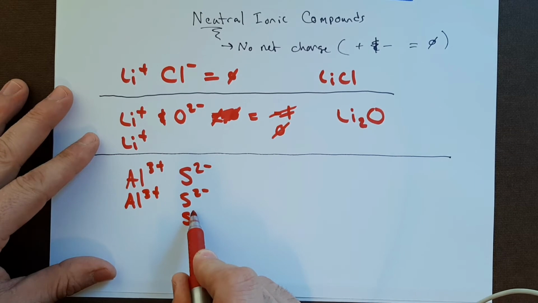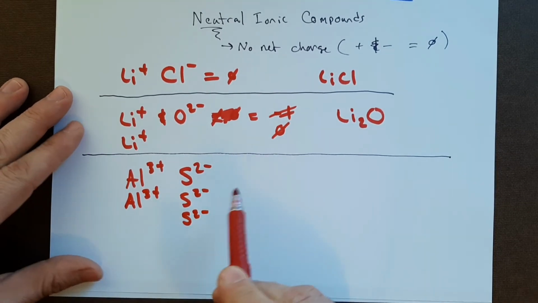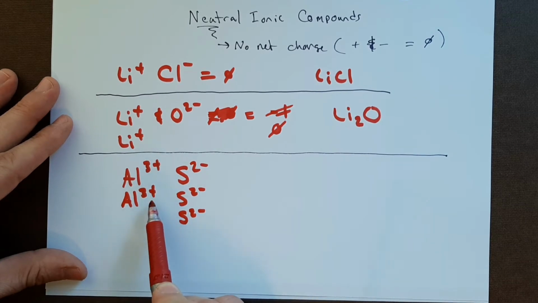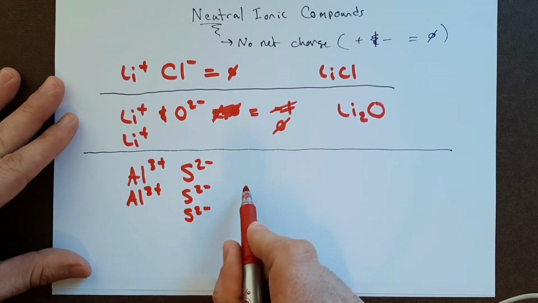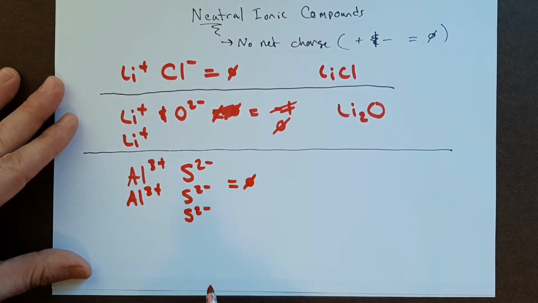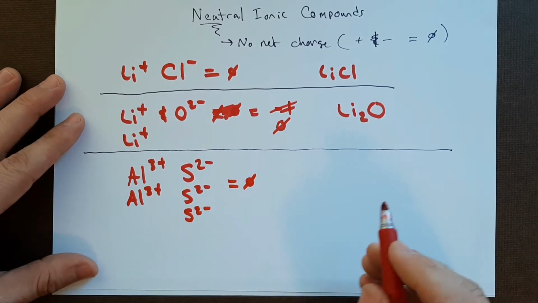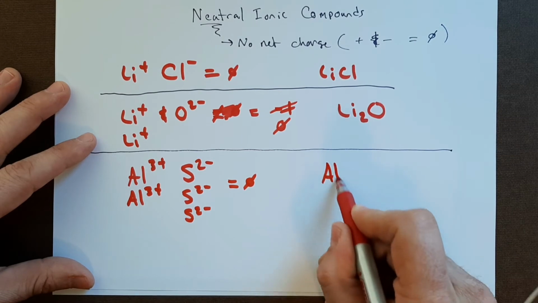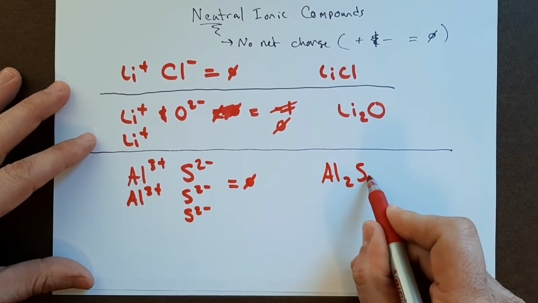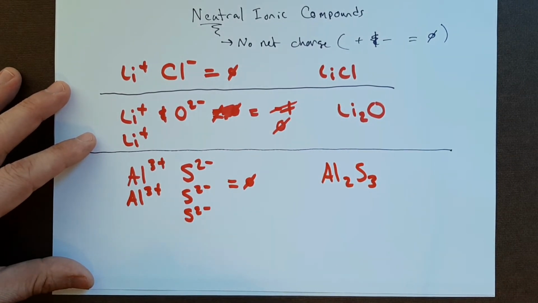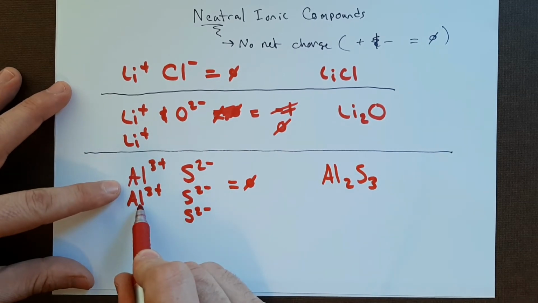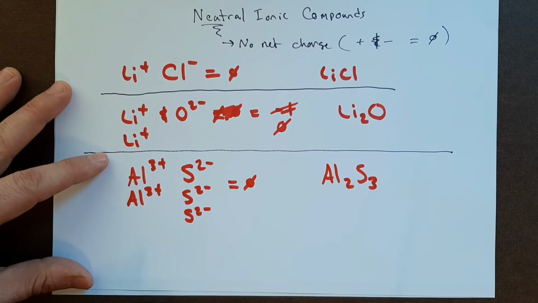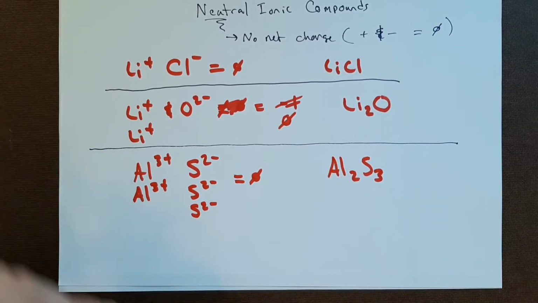You can probably see where we're going now if we add another one of those. 2 and 2 and 2 is 6 negative. 3 and 3 is 6 positive. So that finally makes a neutral compound that adds up to 0. So our formula would have 2 aluminums and 3 sulfurs, like that. 2 aluminums and 3 sulfurs would make a neutral ionic compound.